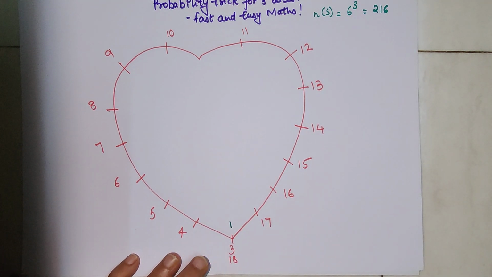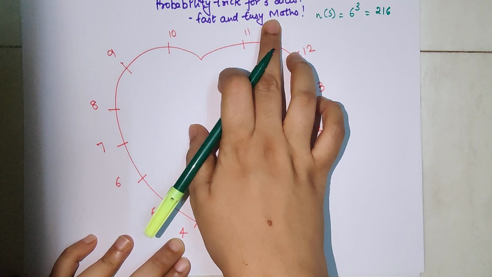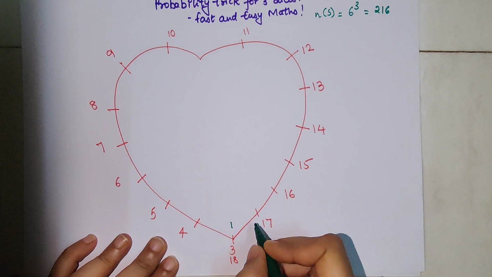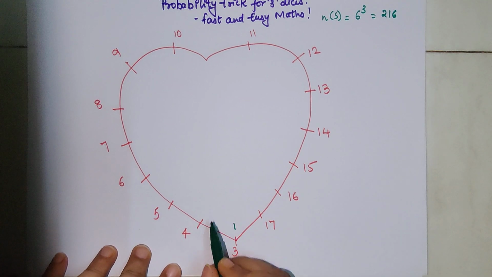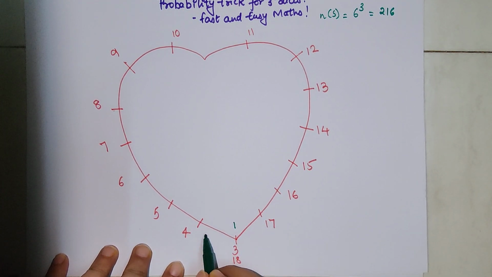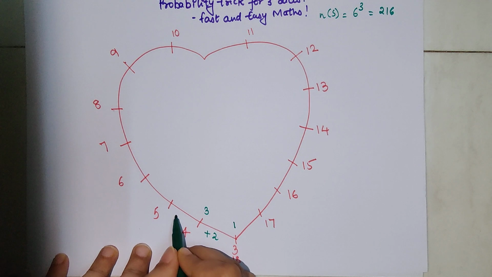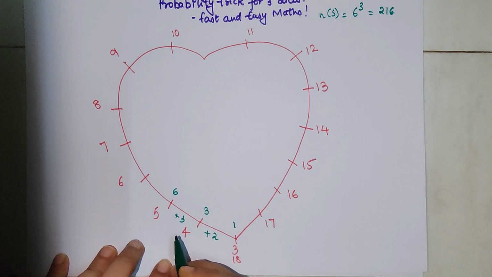Now what should be the probability when you roll 3 dice and get a sum of 4? Over here what you should be doing is very simply, you will just start adding plus 2. 1 plus 2 gets you 3. 3 plus 3 gets you 6.